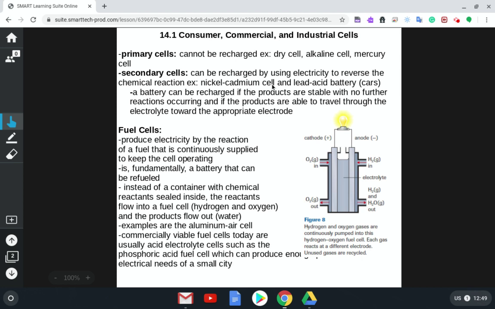Examples are a nickel cadmium cell and a lead acid cell, like in your car battery.